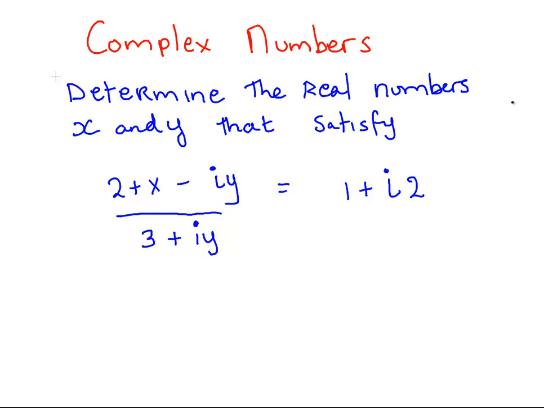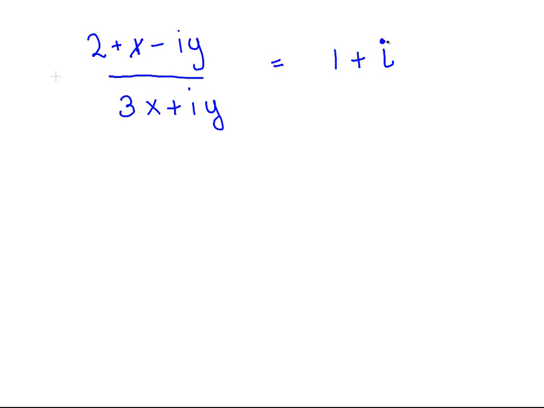So we have 2 plus x minus iy over 3 plus iy, that is equal to 1 plus 2i. So what we're going to do is cross multiply both sides by, let's just write that here again, 2 plus x minus iy over 3x plus iy equals 1 plus 2i.